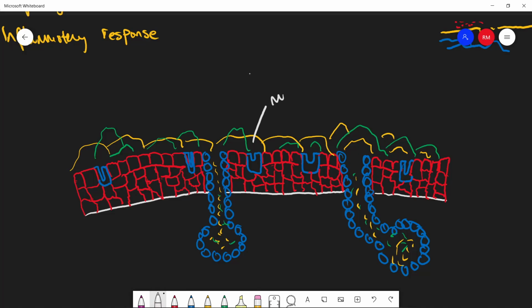So this is mucus here. This is mucus produced by goblet cells, and then we also have secretory glands, but these just basically secrete mucus.